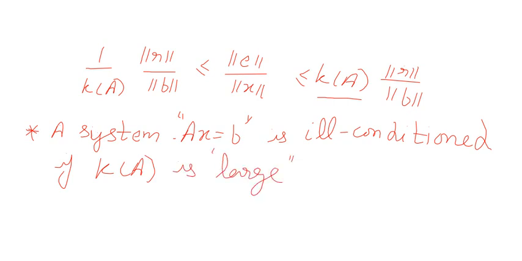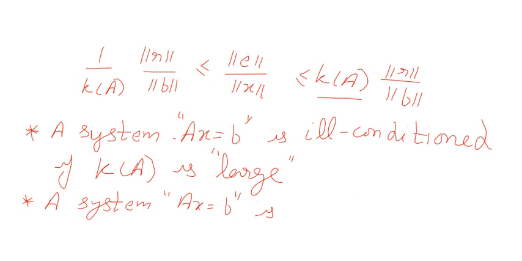This word large is very important here. How large it is also depends. If it is of moderate size, then it is acceptable. So a system AX equals B is well conditioned when that is the case.